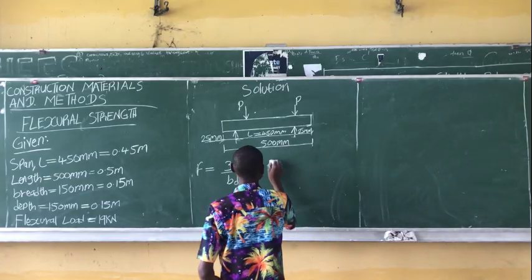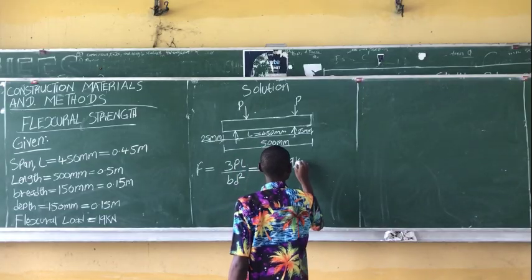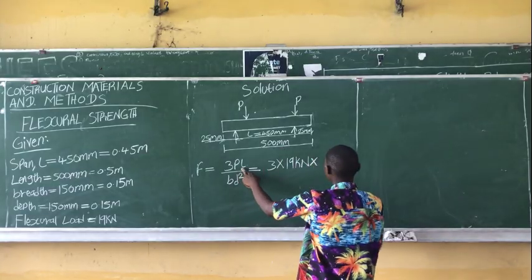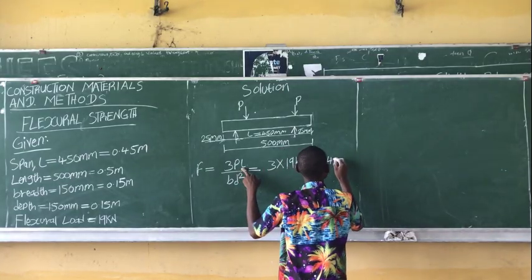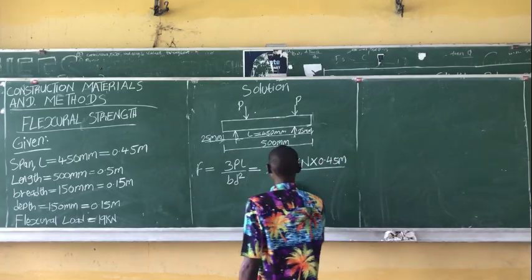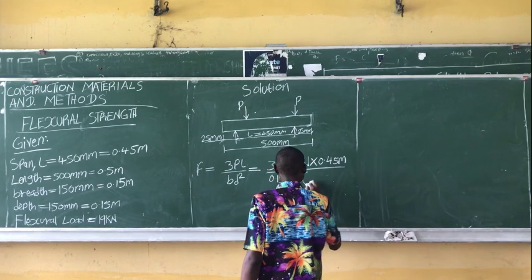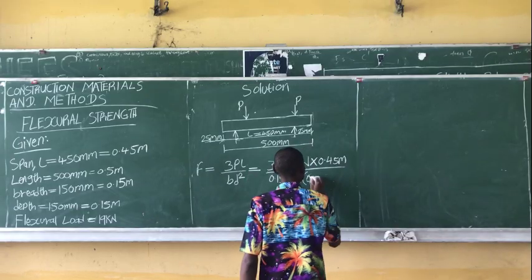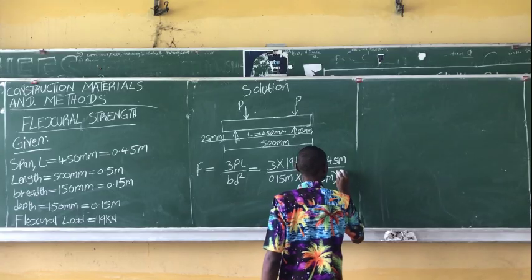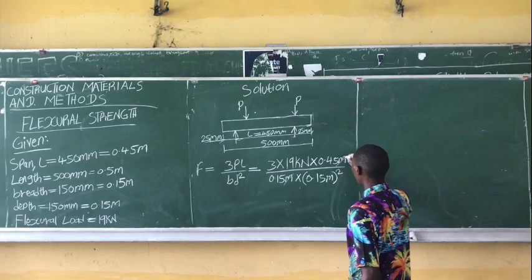So we have the flexural strength to be 3 times the flexural load, 19 kilonewton, times our span, 0.45 meters, all over our breadth, 0.15 meters, times the square of our depth, 0.15 meters squared. Okay, so we can see from here, this meter takes out this meter.